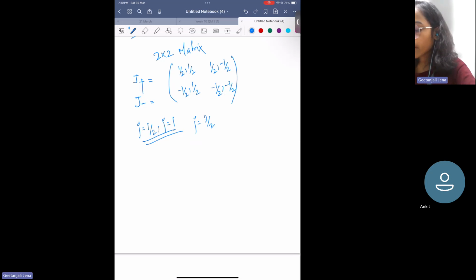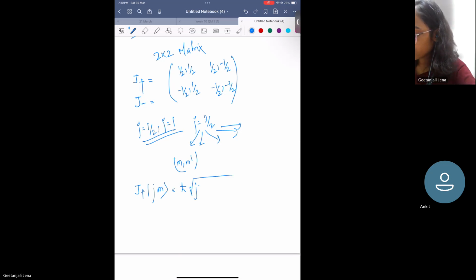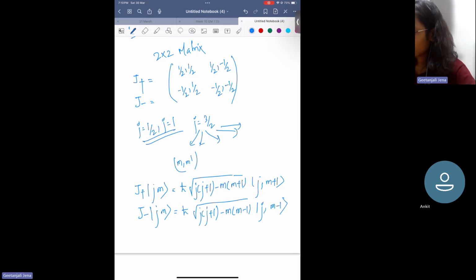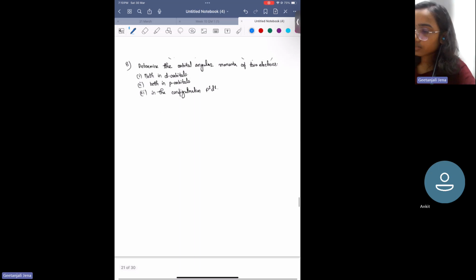First, you have to find out what are the values of m for this j, and for the matrix, you have to take the different combinations of m and m prime, and you have to use the expression for j plus and j minus, and find out what is the matrix for jx and jy. So now let us move to the next question.